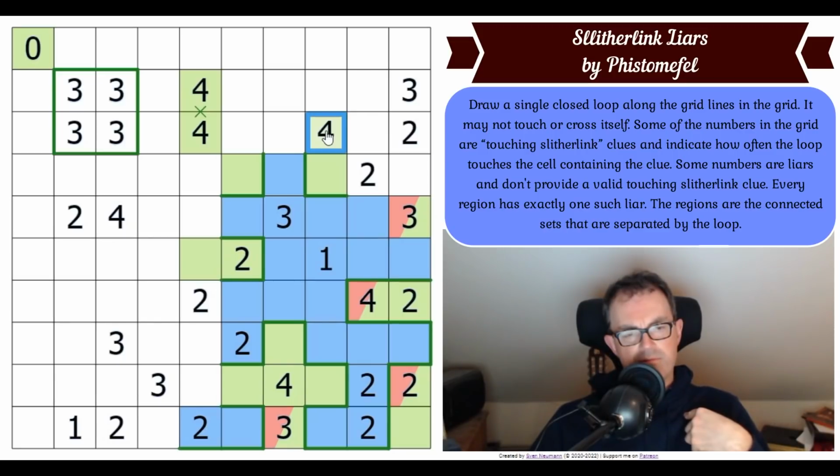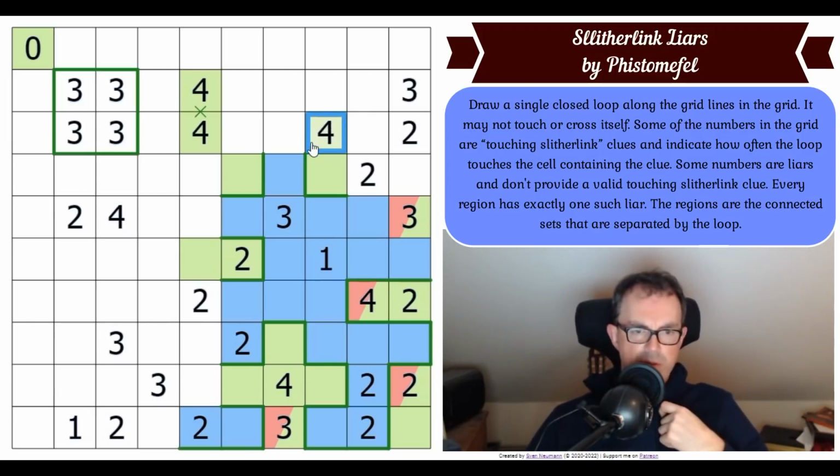So what do we look at now? That's our next question. Right, this blue, this 2 is correct somehow. At the moment it's only got 1 hitting it, so it must have something else hitting it, which is going to be a tangent there, which gives us another green look and another blue beneath that.